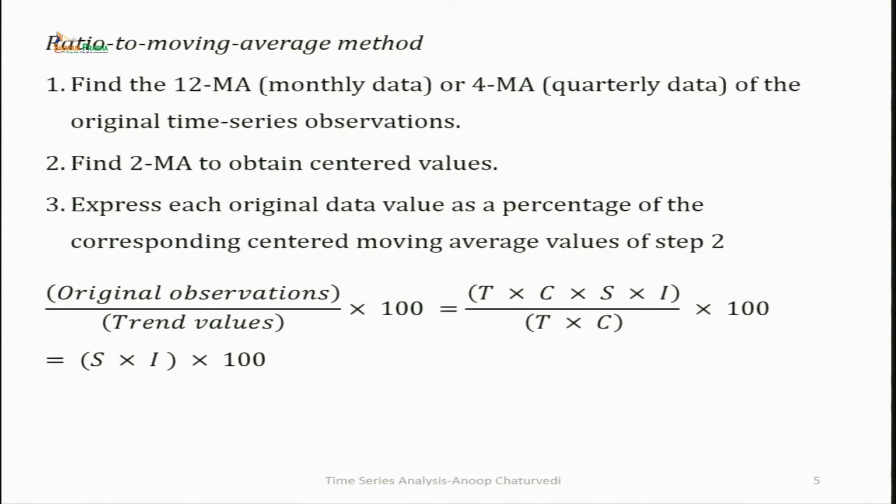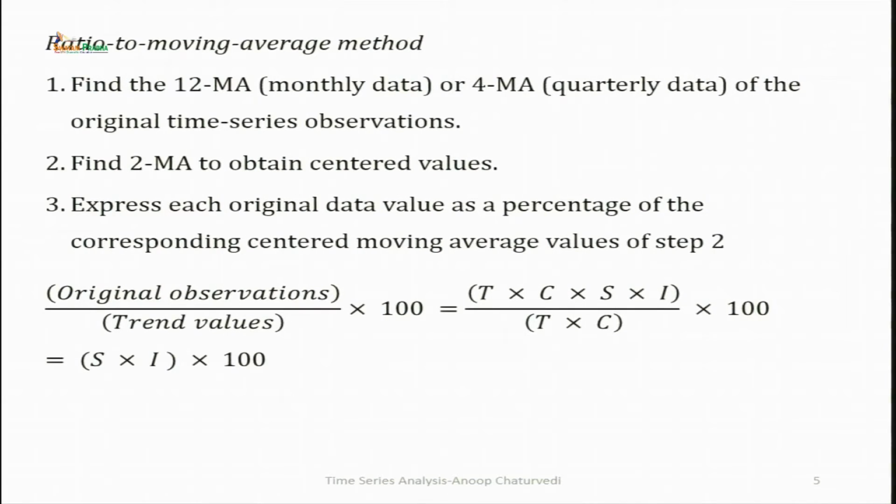So, you have original observations. After taking the moving averages, the values which you will obtain are your trend values. So, you divide the original observations by trend values, multiply by 100 to express the figures in percentage.